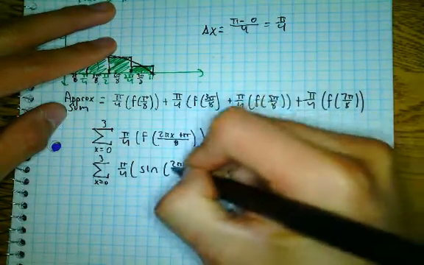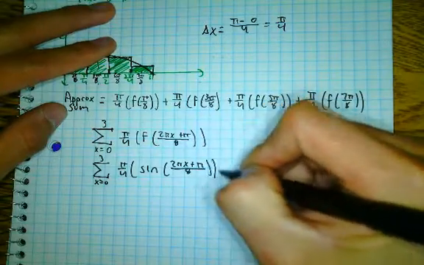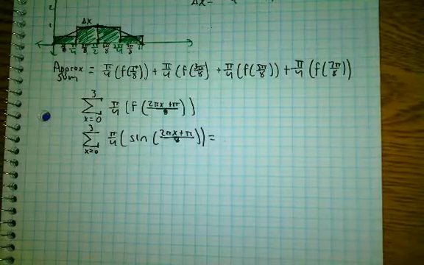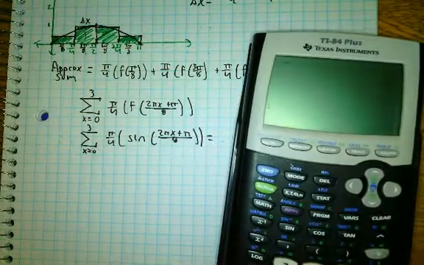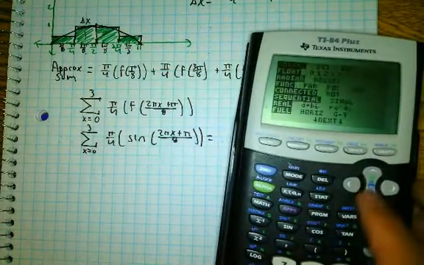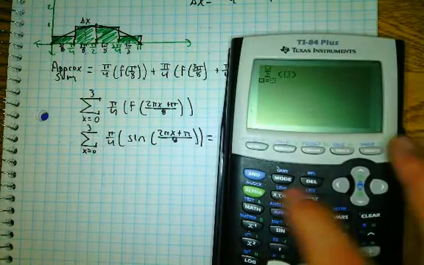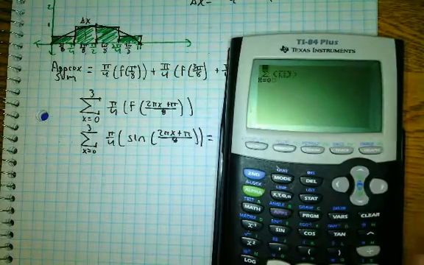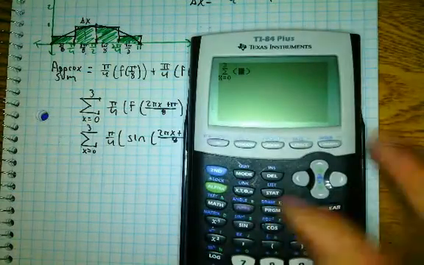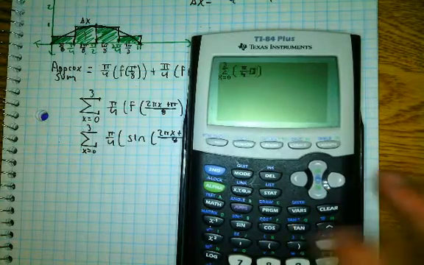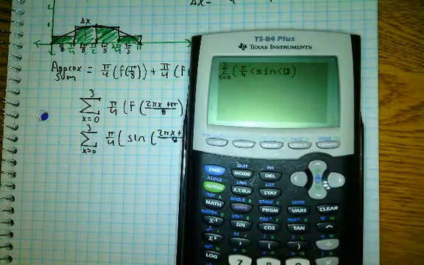Okay, so the summation from 0 to 3 of pi over 4 times sine of 2 pi x plus pi over 8. We good with that?